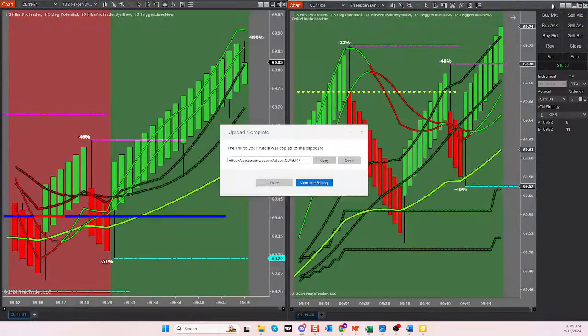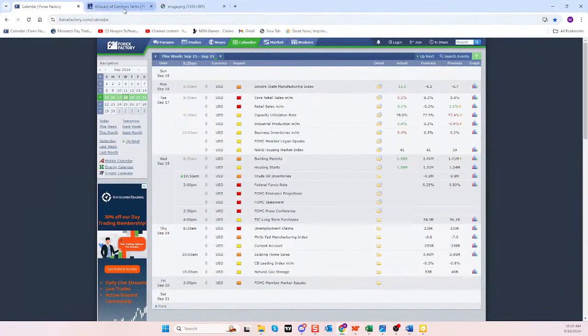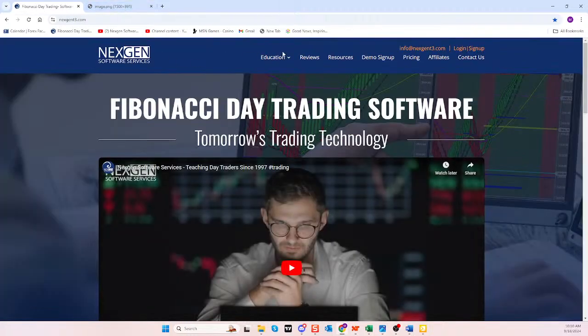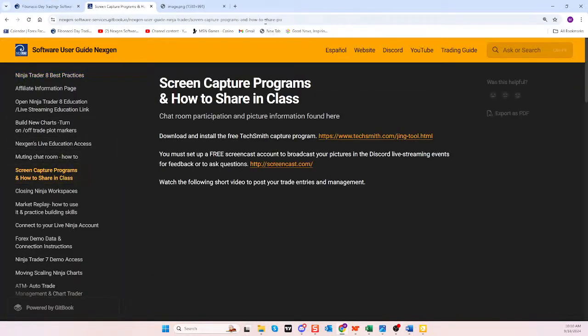And because, once again, I'm a big fan of teaching you to fish, but also giving you the fish, straight from the software user guide, from the page. Guys, here's the instructions that I just went through.